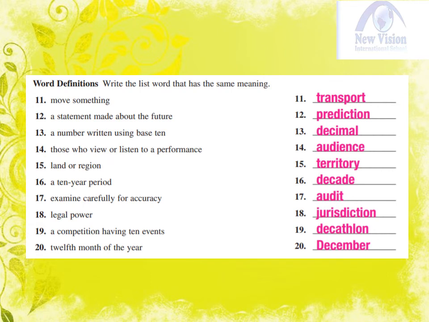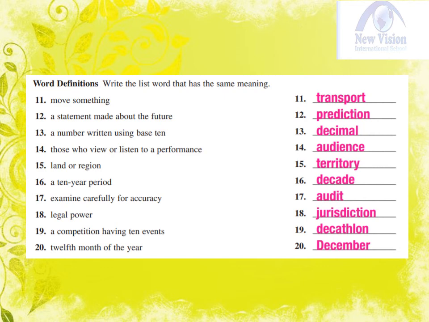Write the least word that has the same meaning. Number 11. Move something means transport. Number 12. A statement made about the future is prediction. Number 13. A number written using base 10 is decimal.